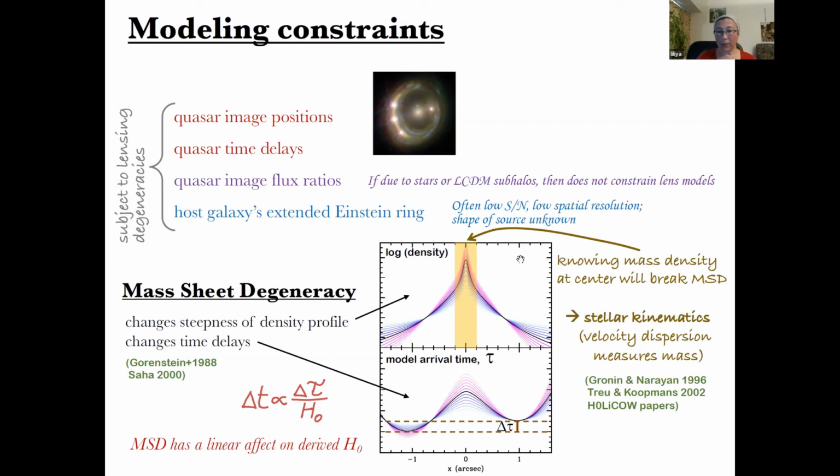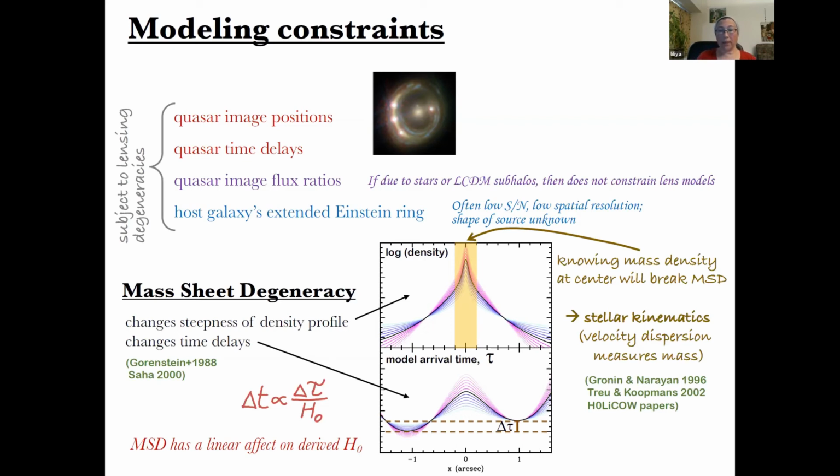So specifically, if you use stellar kinematics, meaning you measure the velocity dispersion, and as you know, the velocity dispersion tells you how much mass there is. So if you do that, say, just at the very center, then that will tell you whether you have a lot of mass, and then it's more like the steep density profiles that are relevant in this lens, or if you don't have too much mass, then it's the blue ones, and that will break the degeneracy.